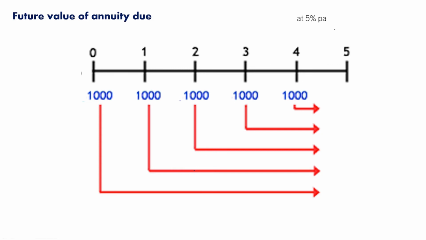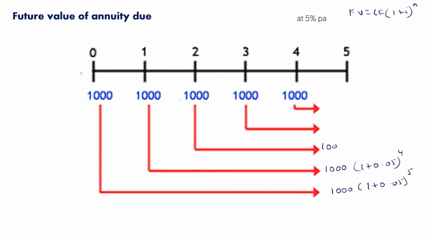Using the formula, future value is equal to cash flow into (1 plus i) the whole raised to n. Here the future value of the 1000 rupees deposited today, after 5 years, will be 1000 into (1 plus 0.05) the whole raised to 5. Here the rate per period is 5 percent. And the next future value will be 1000 into (1 plus 0.05) the whole raised to 4.